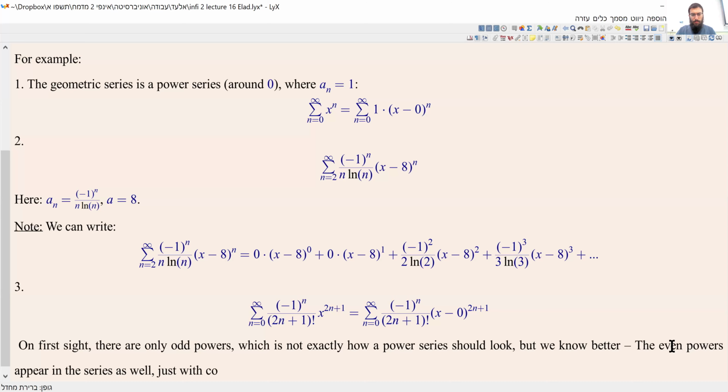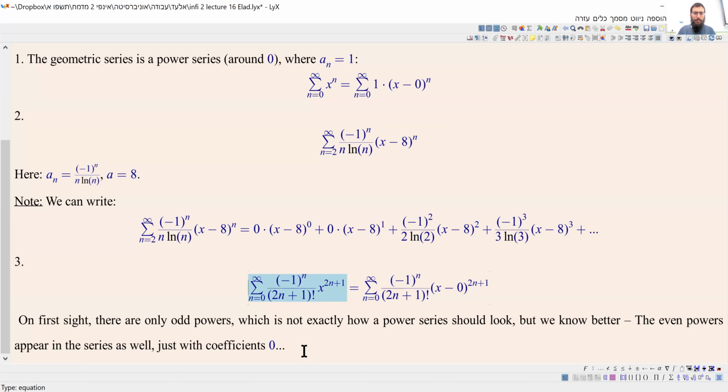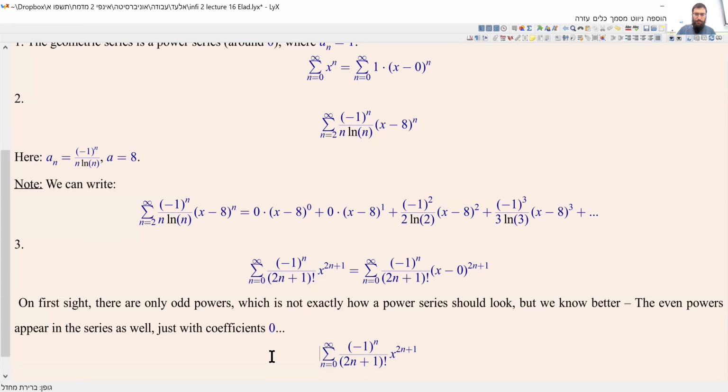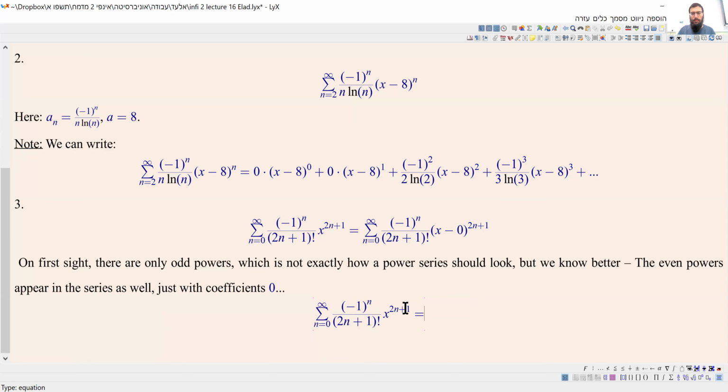just with coefficients 0. I mean, right here, one can write it down as the sum of minus 1 to the power of 0 over (2 times 0 plus 1), which is 1 factorial, and x to the power of 1, plus minus 1 to the power of 1 over 3 factorial with x to the power of 3.